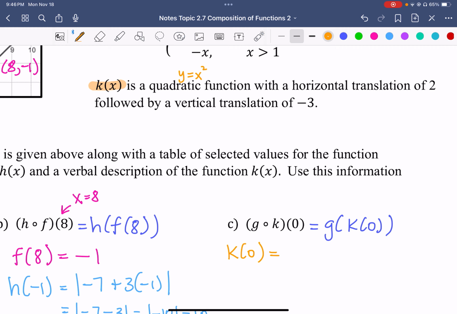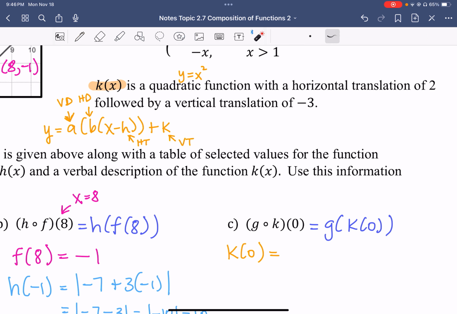Okay, you also need to be familiar with the transformation equation that we learned in 1.12. So for transformations, you have a times b times x minus h and then plus k, where a is your vertical dilation, b is your horizontal dilation, h is your horizontal translation, and k is your vertical translation.